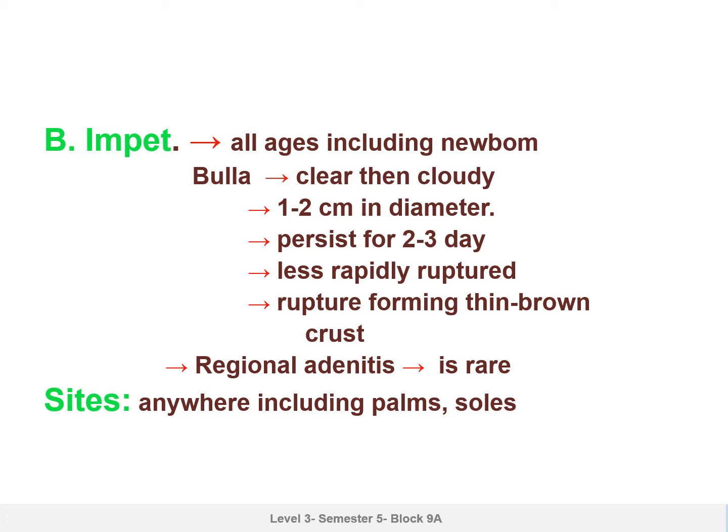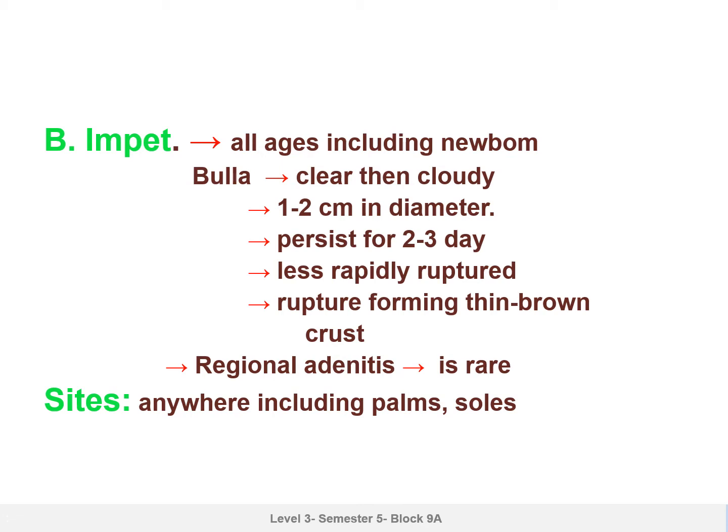The second type of impetigo is bullous impetigo. Bullous impetigo can occur anywhere on the skin, including palms and soles. It occurs at all ages, including newborns. It is characterized by bullae, which first appear as a clear collection of fluid, then the fluid becomes cloudy.